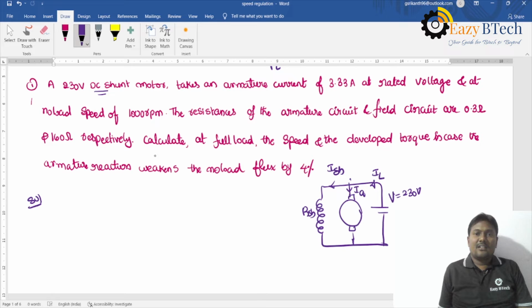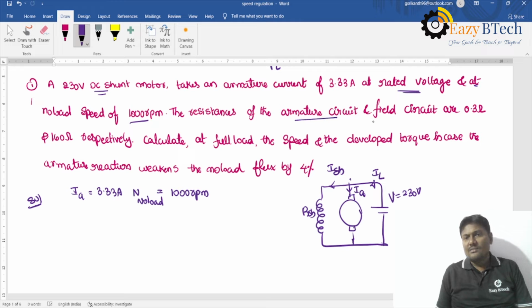It takes an armature current IA equal to 3.33 amperes at rated voltage, that means 230 volts, and the no load speed is 1000 rpm. The resistances of the armature circuit and field circuit are 0.3 ohms and 160 ohms.